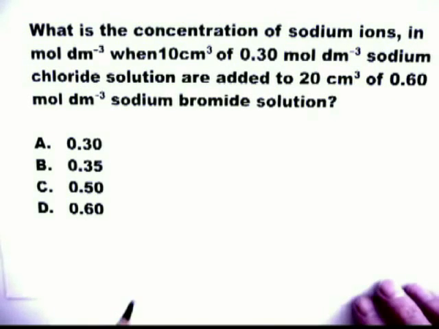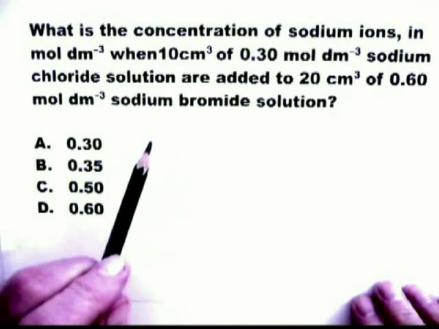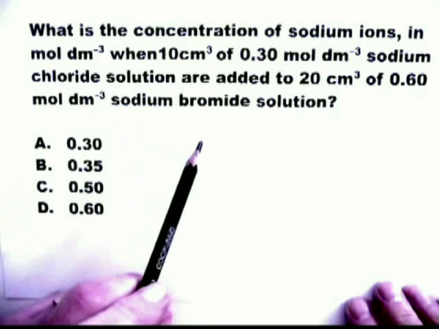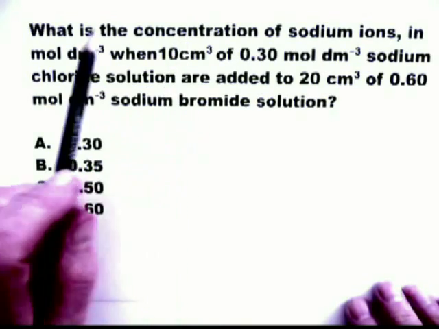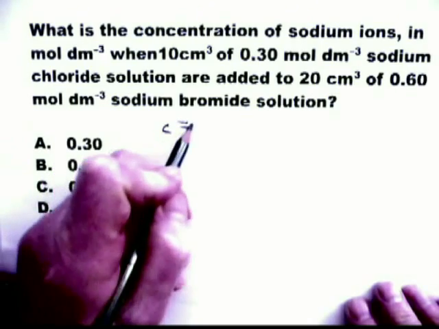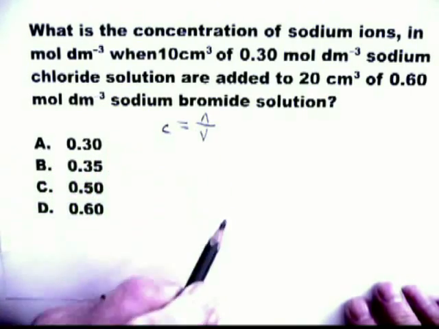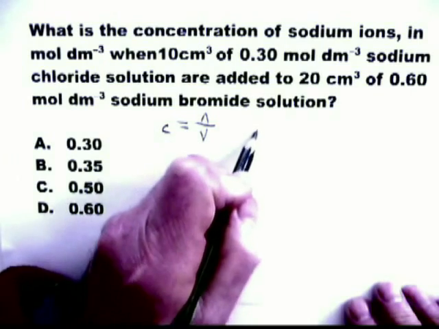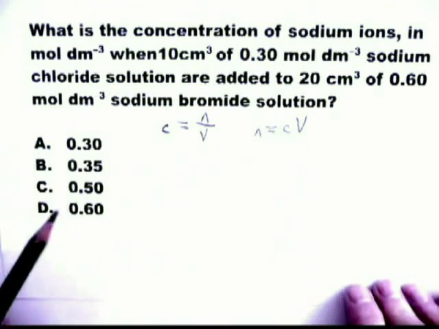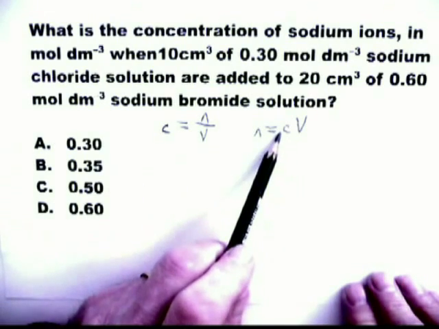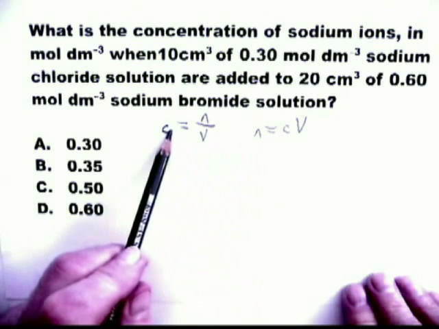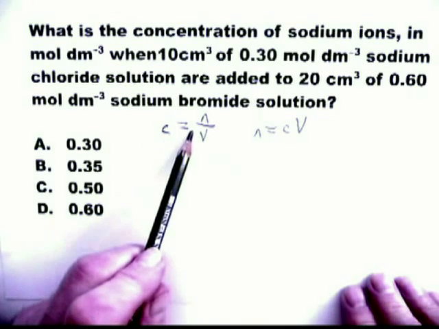So we're going to use the formulas that we developed before, which are in the question. C equals n over V. Rearrange it: n equals CV. We calculate n first from that formula, and then calculate the concentration from the other formula.